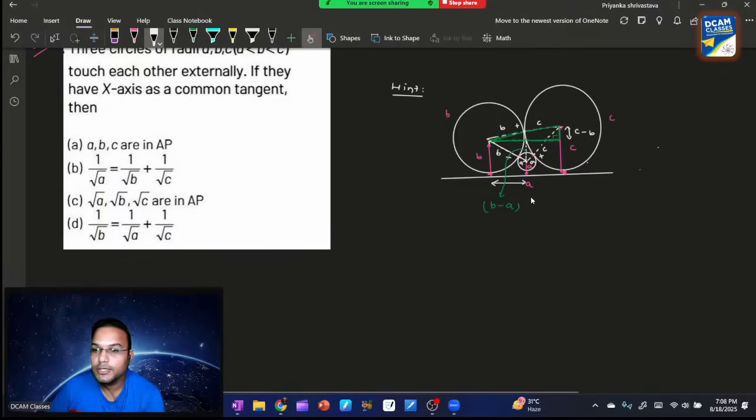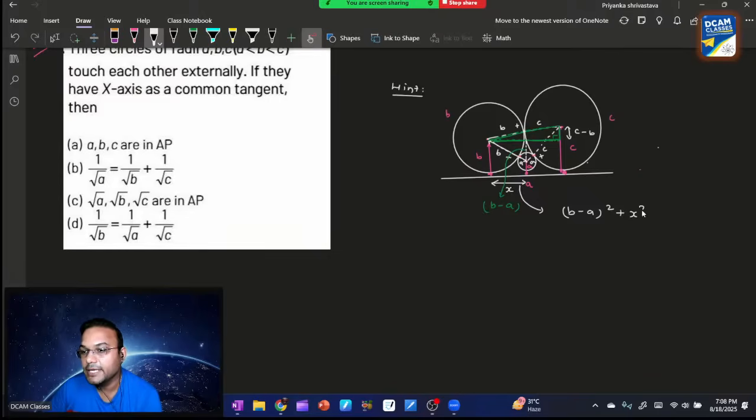So this horizontal length, I can write, let's say it is X: B minus A whole square plus X square is equal to B plus A whole square. You understood which one I take? I took the triangle, the lower one.